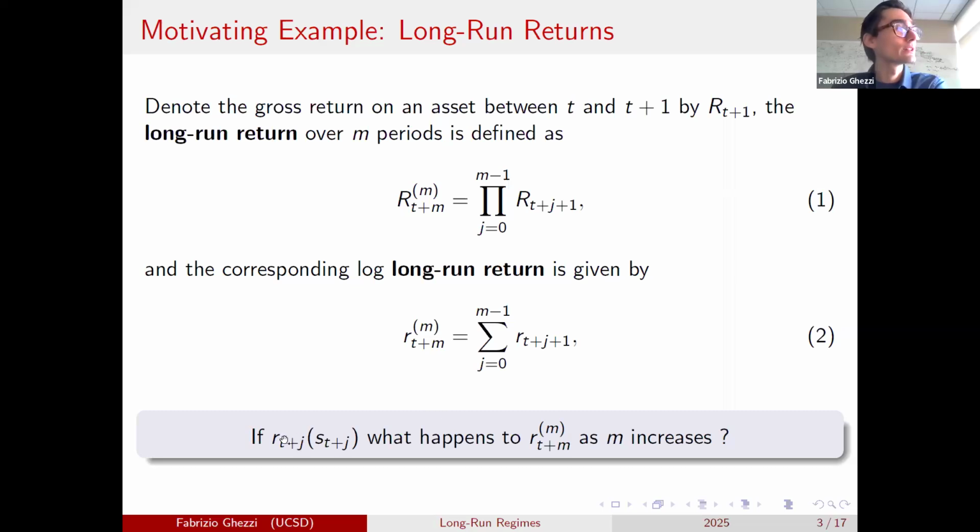If the distribution of the one period return R_t depends on regime S_t, what happens to the accumulation of the returns when M increases, okay?